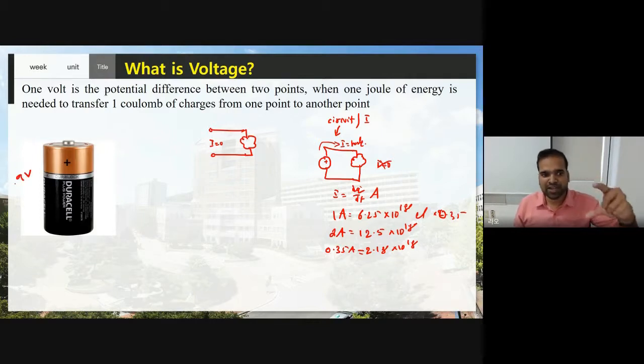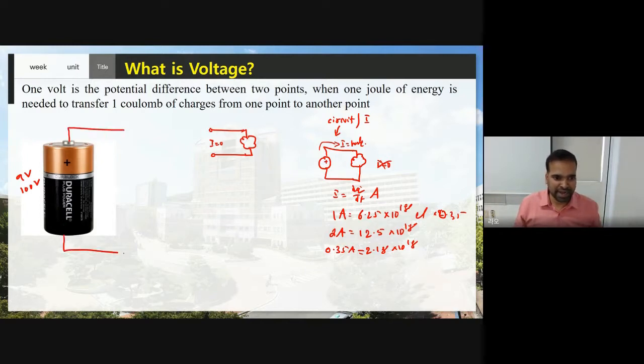Now let us consider this is a battery, a 9-volt battery. If anyone touches this 9-volt battery, of course they are not going to die. Even if I'm using a 100-volt battery, even if I touch this one, I'm not going to die. But let us consider I have connected a connecting wire to this battery, and now I have connected a load. Now what will this battery do?